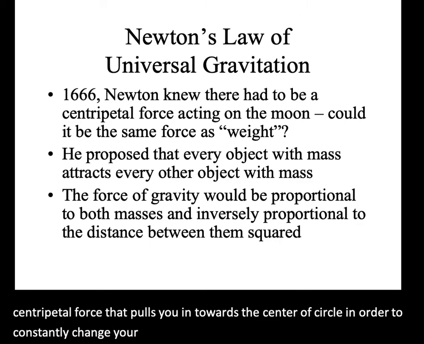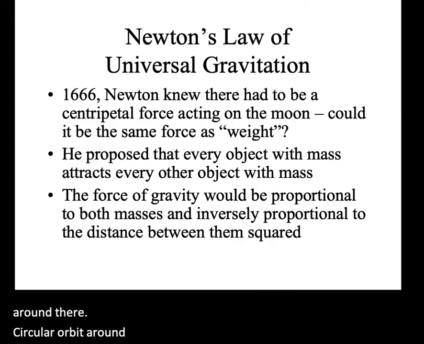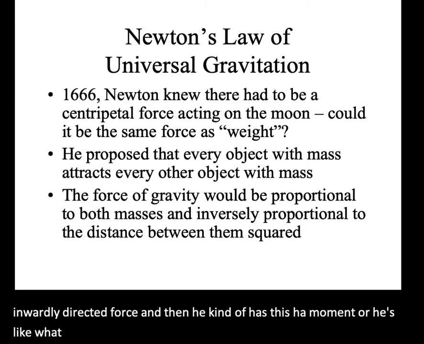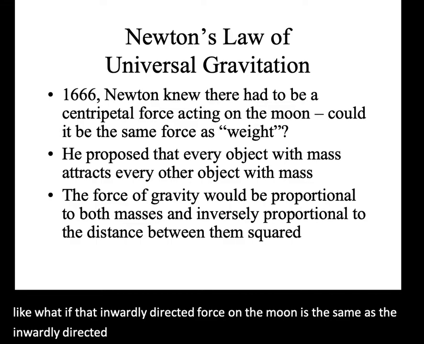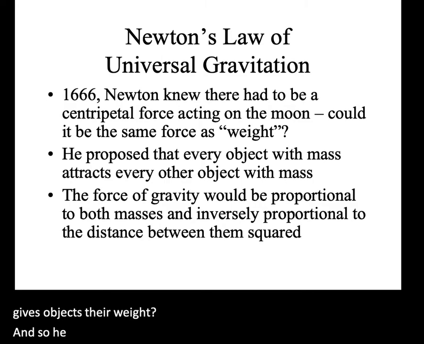And so he's thinking about gravity, and he's thinking about the fact that the moon executes a circular orbit around the Earth. So that means the moon must have an inwardly directed force. And then he has this aha moment where he's like, what if that inwardly directed force on the moon is the same as the inwardly directed force that I call gravity, that gives objects their weight? And so out of this, he comes up with the law of universal gravity.